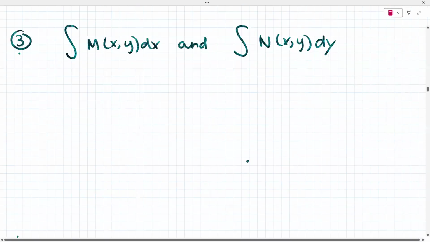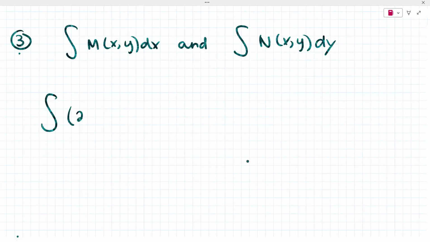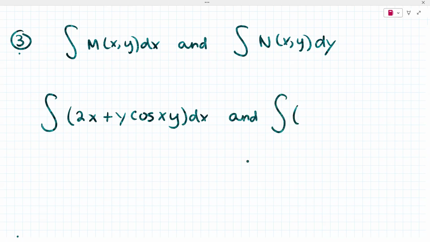Okay, so we've got to take the integration of 2x plus y cosine of xy dx, and the integration of x cosine of xy dy.